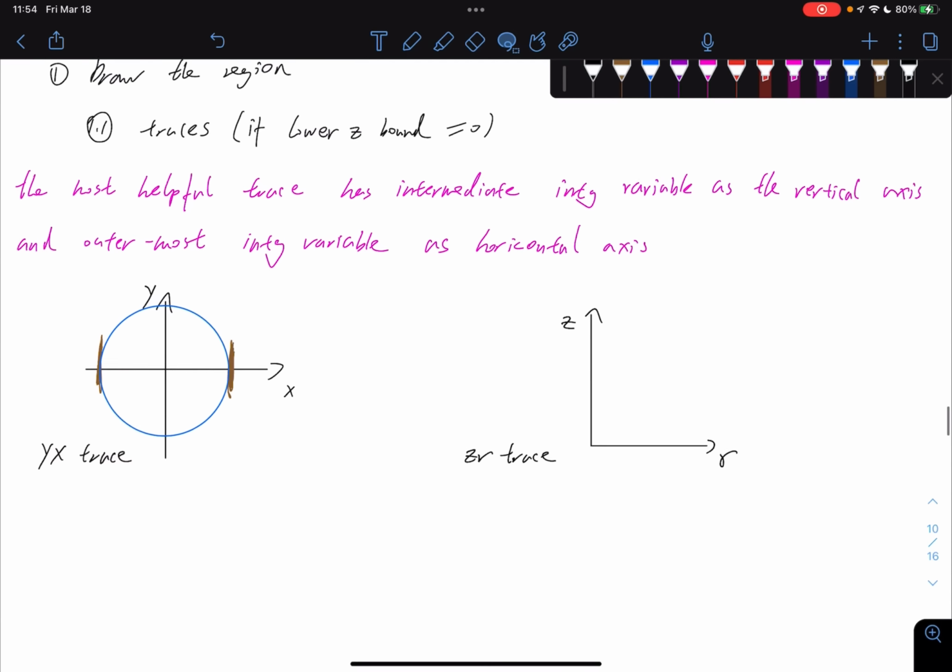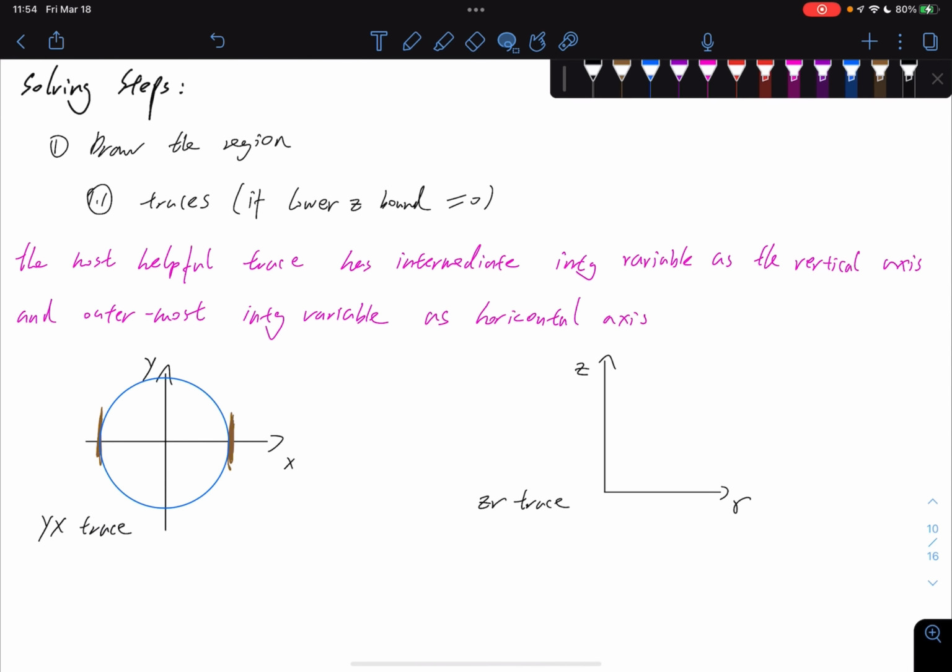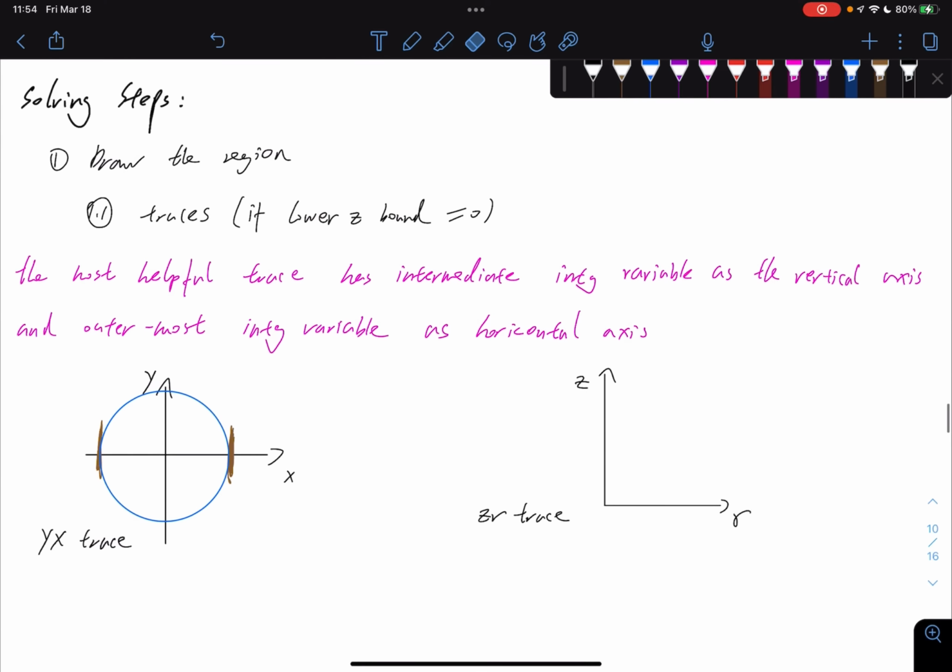Okay, so what does this mean? You might wonder, what does ZR trace mean, and which direction are we looking at it? Actually, this r is nothing different than your x and your y. That means we are looking at this diagram sideways.